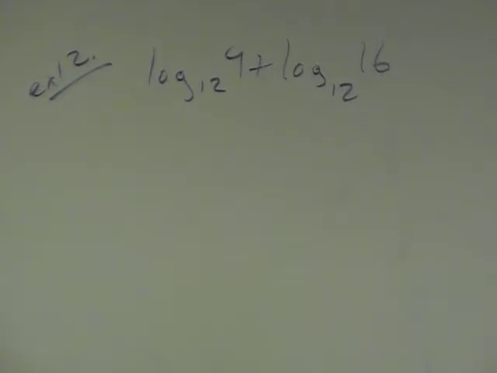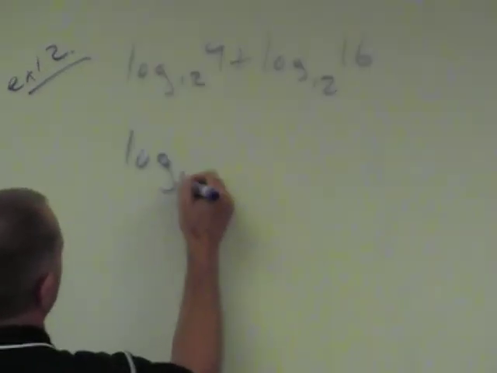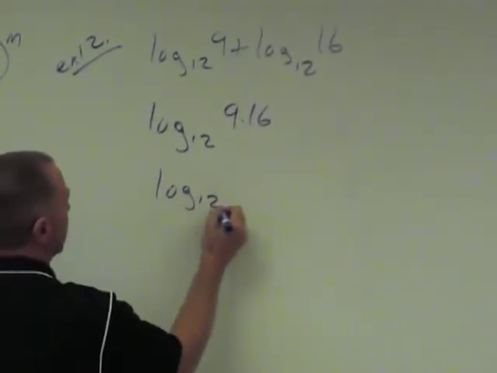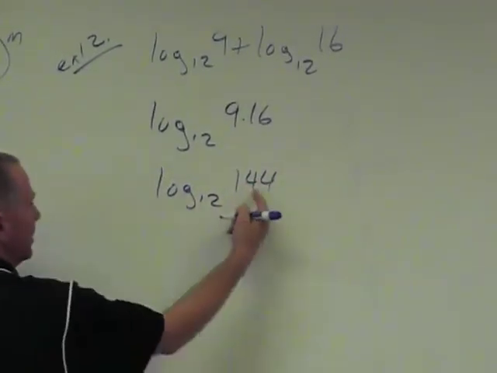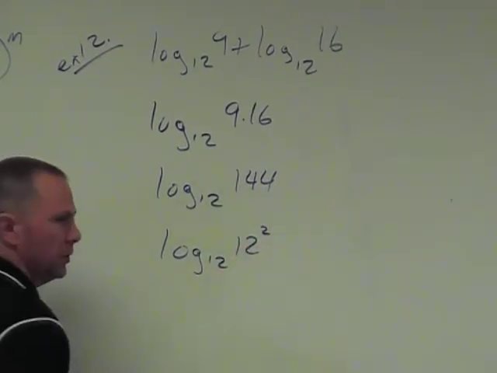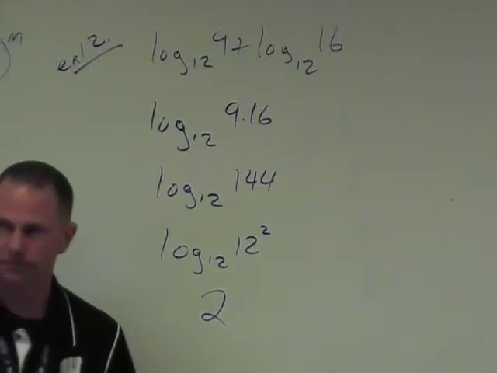Tell me how to do it. What did you get? So addition means you're going to multiply. These two need to be the same if we're going to solve it. 144 is 12 squared, so the answer is 2. Good job.